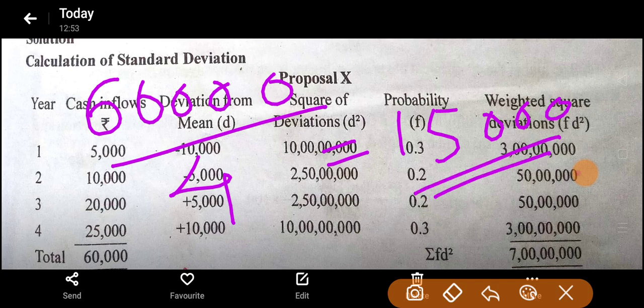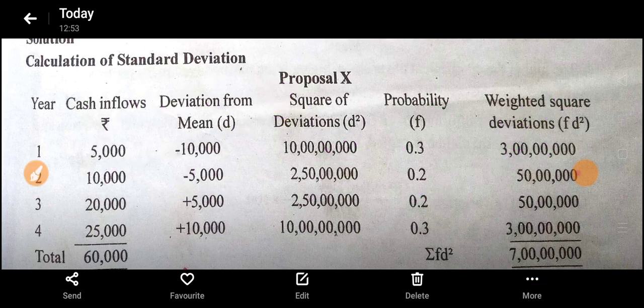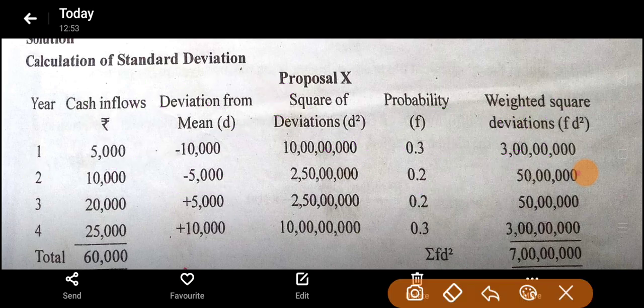This is the mean value, the average value here. Now we are moving toward the second step. We want to calculate the deviation between the mean value and the possible cash inflows. Here you should take care when we find the deviation from the mean value.